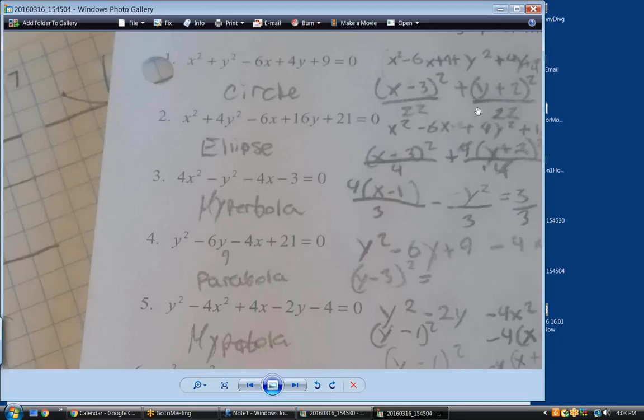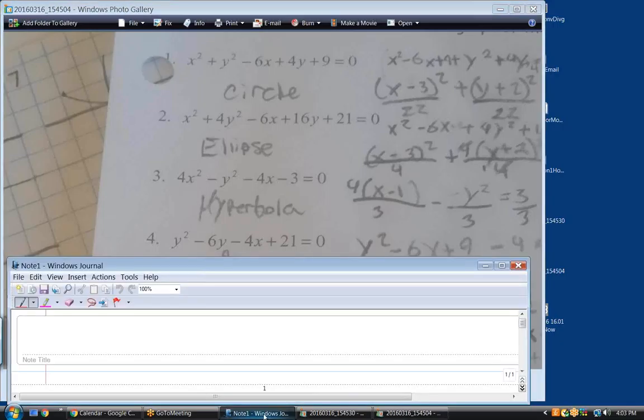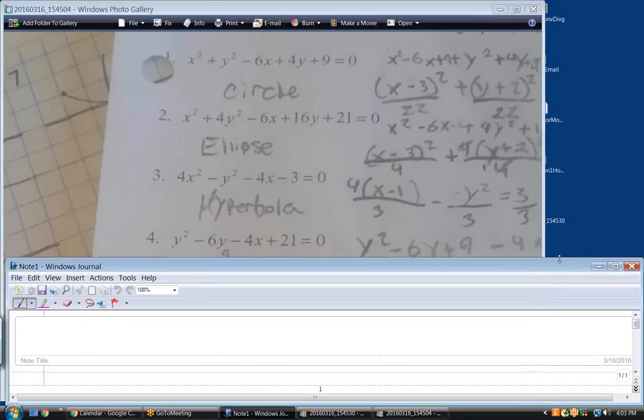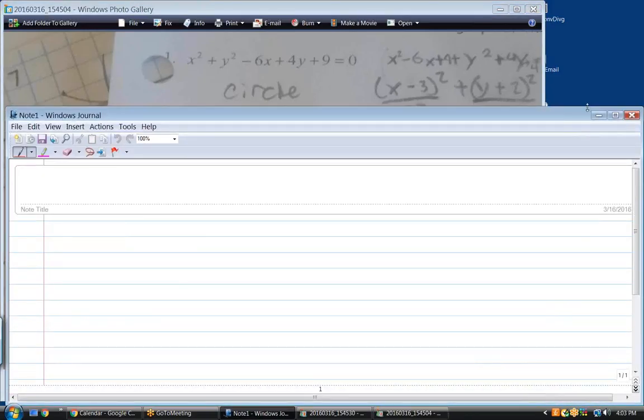There's a 9 after that equal sign. Let me write it on a piece of paper so I can figure out exactly what we have here. Let's just do the first one, and then we'll go to the ones that you have difficulty with.